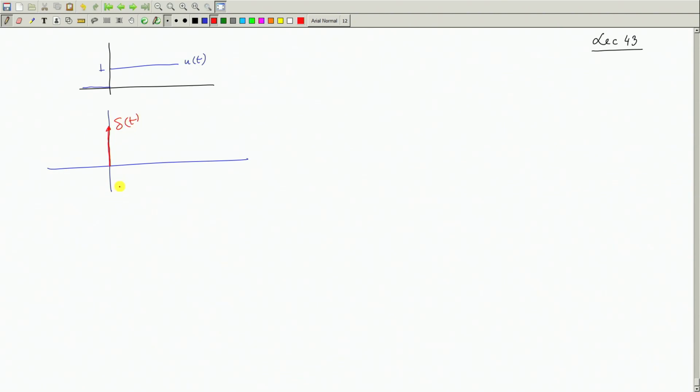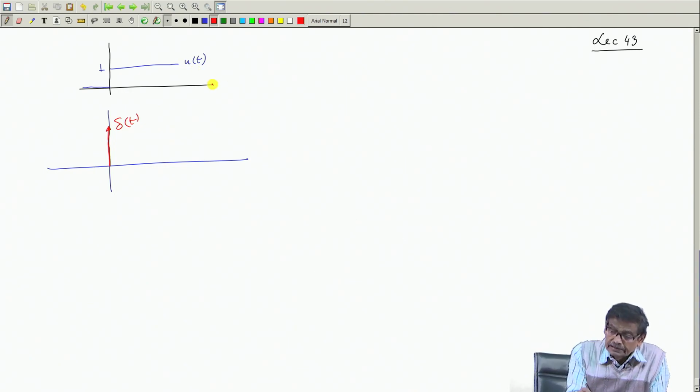If somebody wants to sketch 2 delta(t), that is 2 into delta(t), the height is of course towards infinity, but 2 times the strength of the impulse is said to be 2. Similarly, for 2 u(t), the strength of the unit step is 2. You understand that. And these axes are of course the time axis.